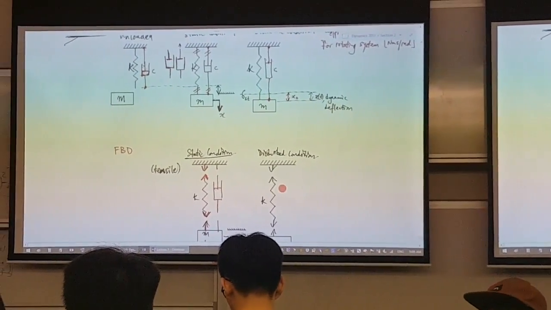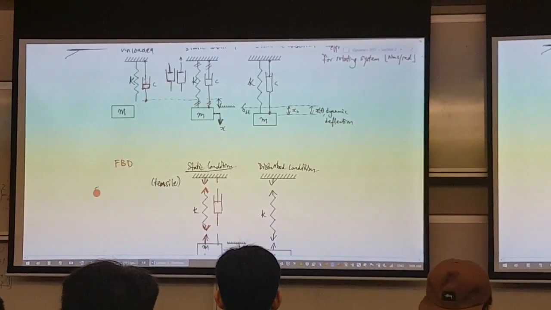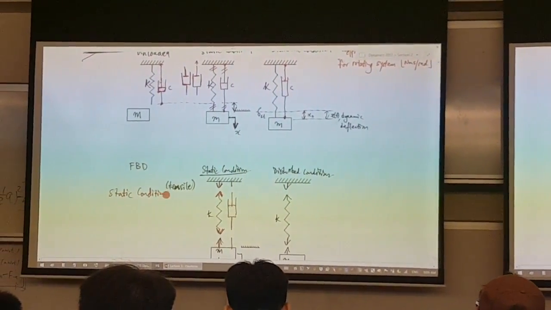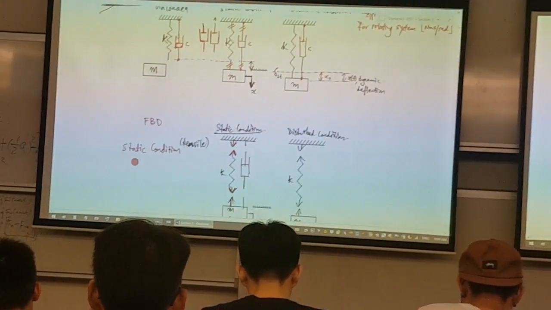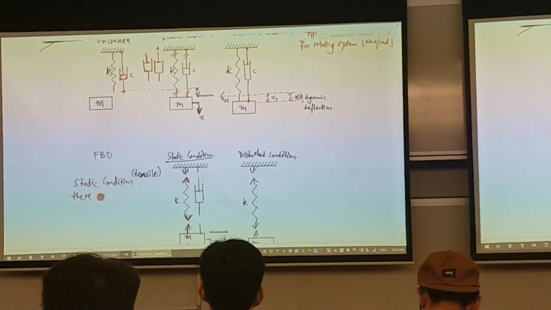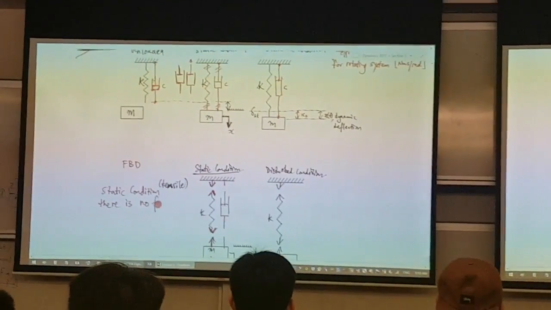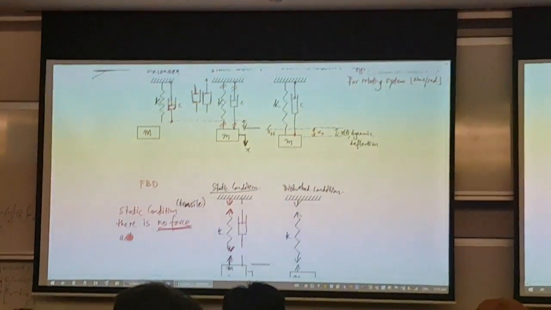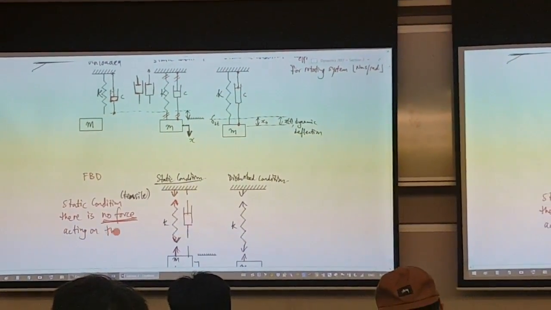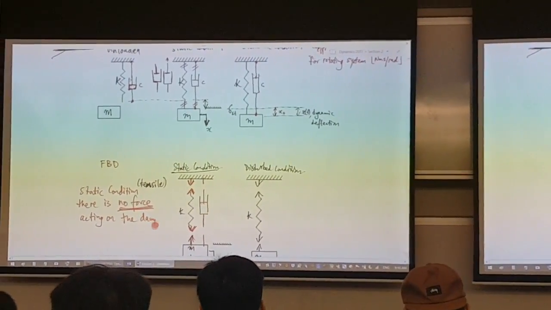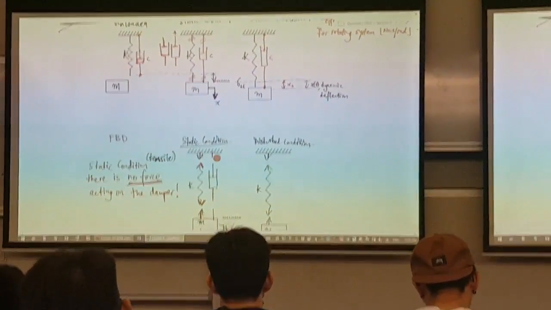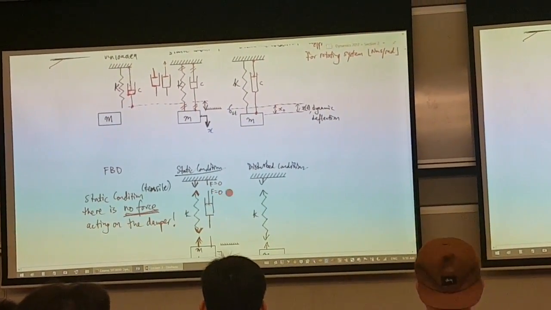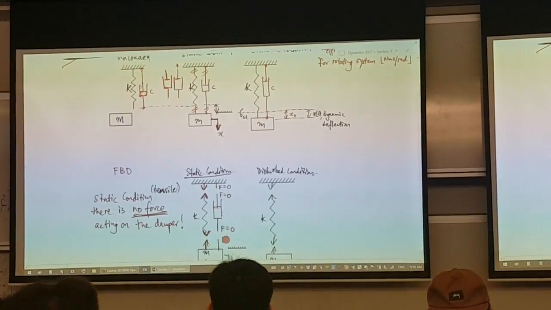For the static condition, there is no force acting on the damper. So that means these forces over here, F due to the damping, will be equal to 0 for all of them.